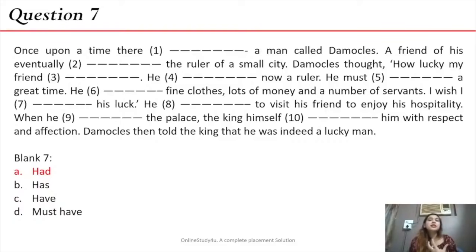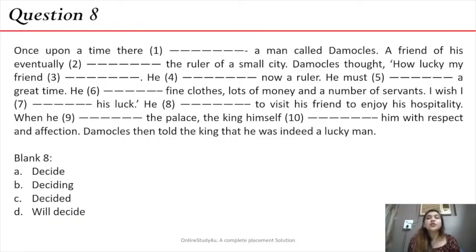So this person is basically saying that I wish I had what he has, or I wish I could go out yesterday, right? So I wish I had his luck. There is no need to say I wish I must have his luck. That is incorrect. The correct answer option will be that I wish I had his luck. Okay. With that, I move to number 8.